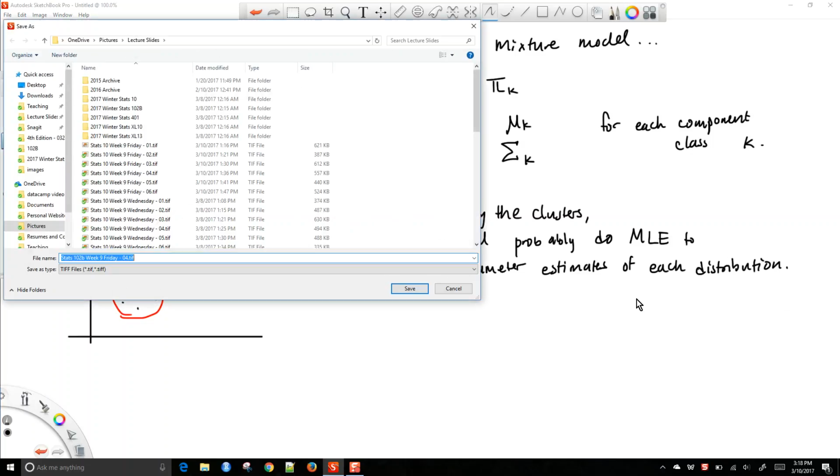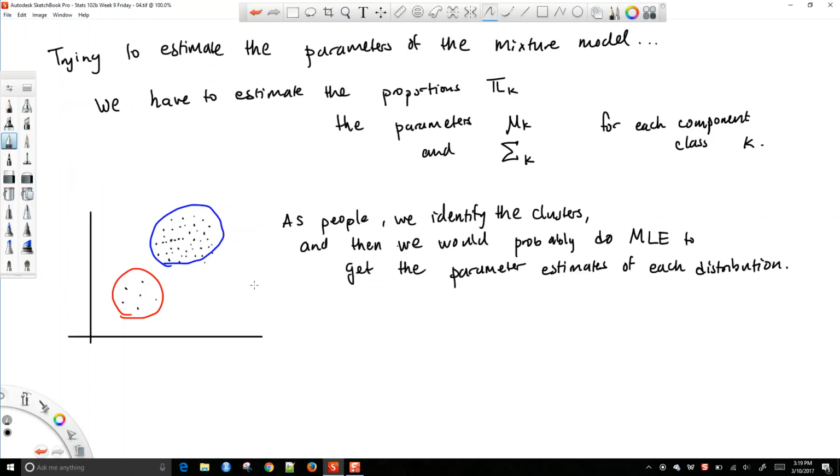So that's what we would do as people, and that's if we can tell the difference between one set of data points and another. If we can easily identify the clusters, this would be how we would do it, right?